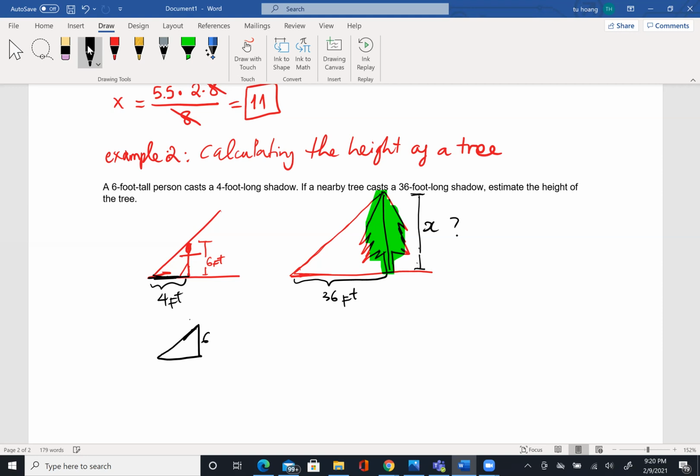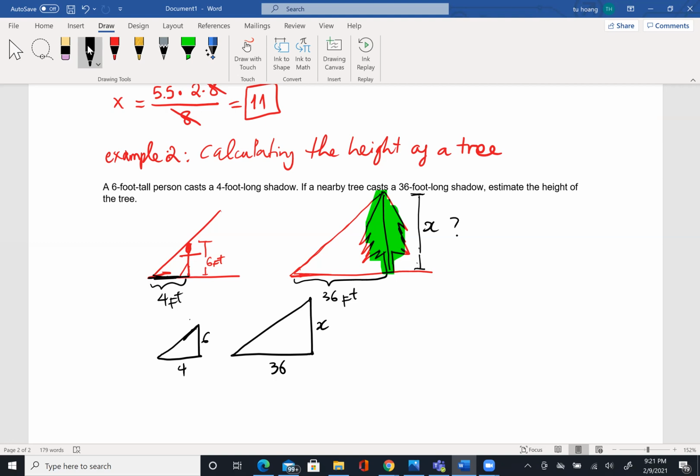Here's 6, here's 4, and then imagine here's the big one. Here's 36, here's x. You can imagine it like that.